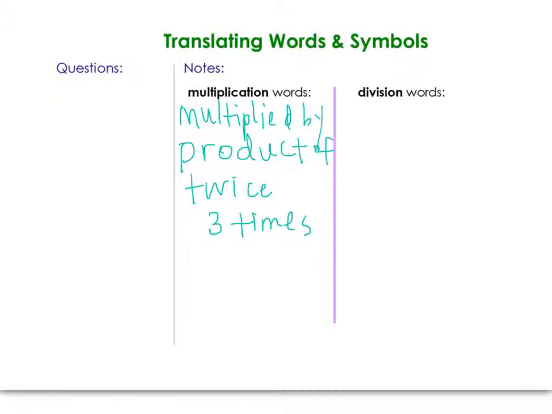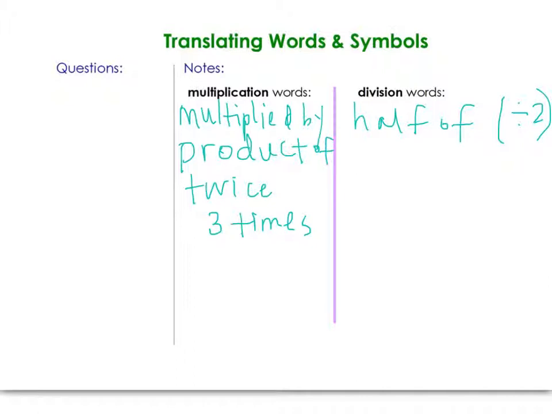What if I said like half of something? Would that be multiplication or division? It's actually going to be division. If I have half of something, that means I'm going to divide it by 2.